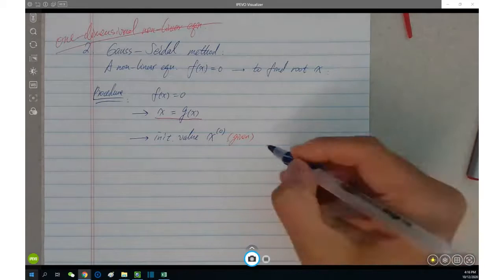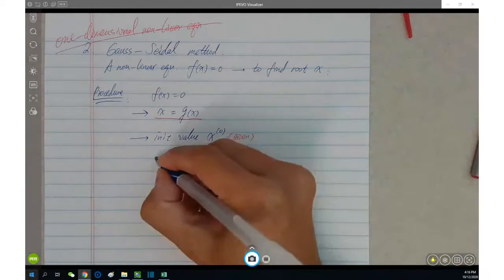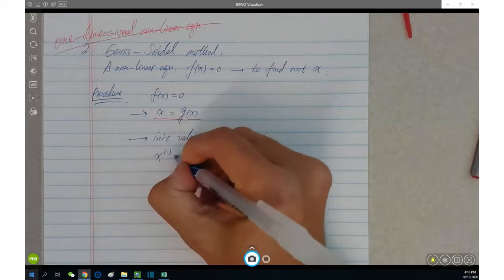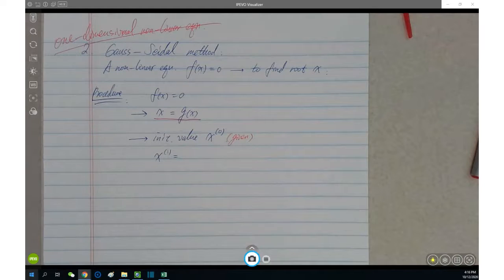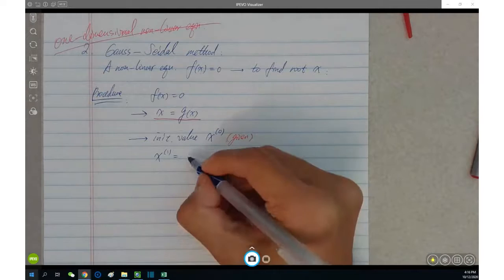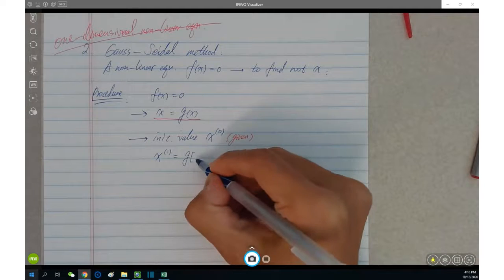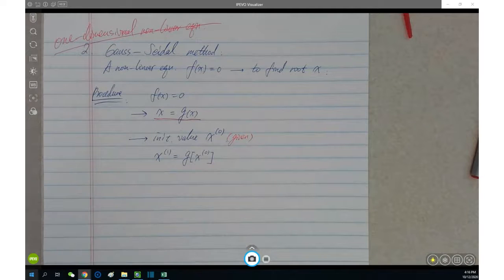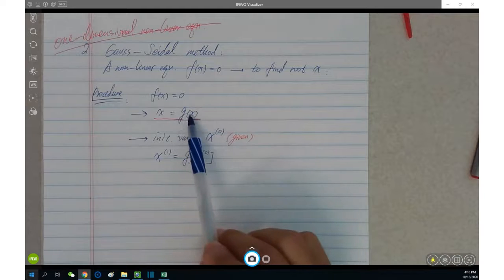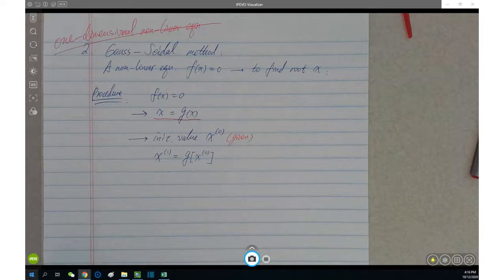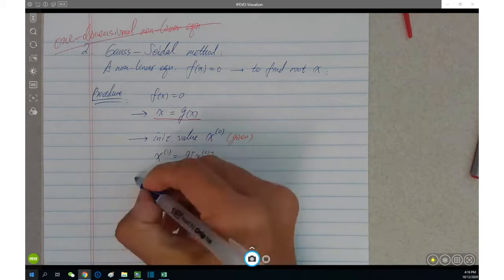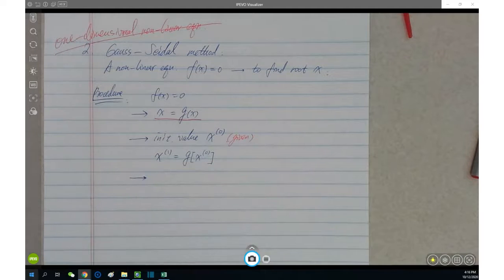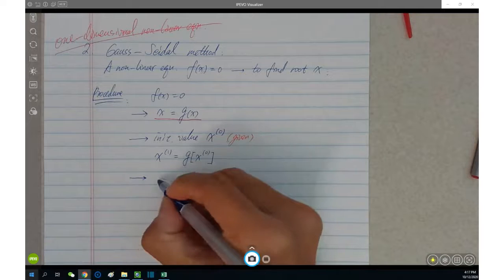With this given initial value, what we want to do is start to derive the first step iterative result of x equals what? Just substitute the initial value into g of x on the right-hand side of the equation here. After you receive this first step iterative value for x, what do you want to do next? Check, right?